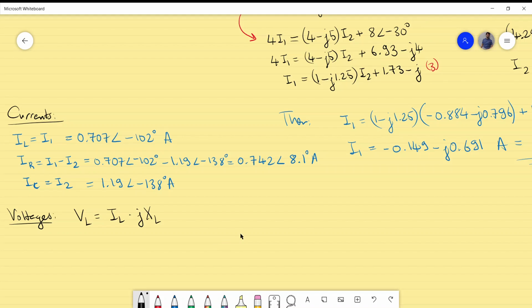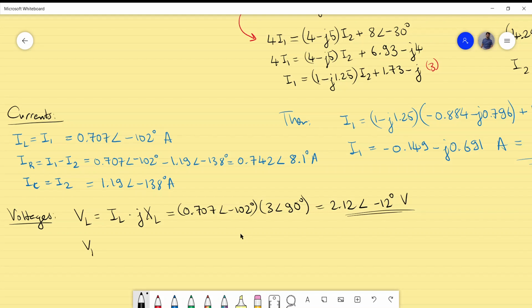IL is already given here, 0.707 with phase minus 102, and the value of XL was already calculated as 3, but the phase orientation is plus 90 degrees. If I multiply the magnitudes and add the phases together, you will have 2.12 with a phase of minus 12, and that will be in volts.